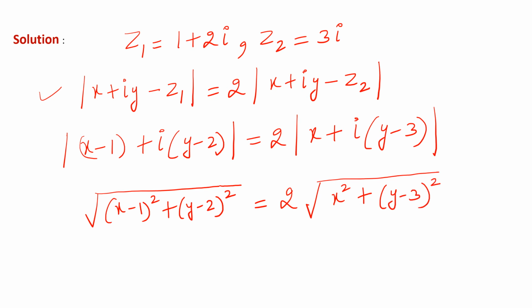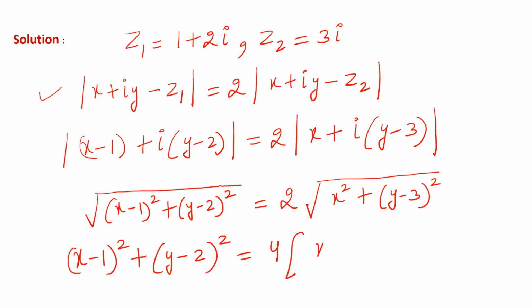Now square both sides of this equation. Now it becomes x minus 1 whole square plus y minus 2 whole square equal to 4 times inside the bracket x square plus y minus 3 whole square. Now students, we move further.